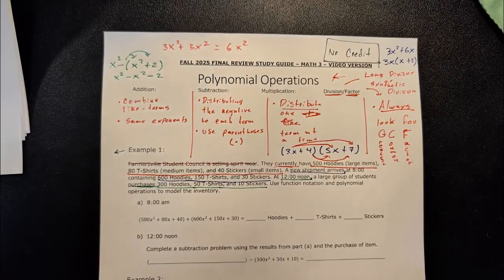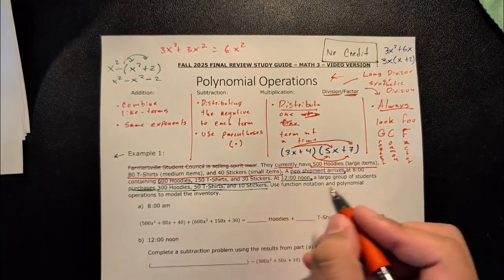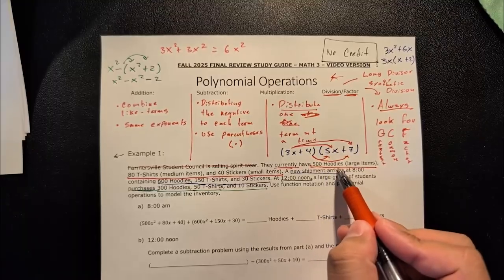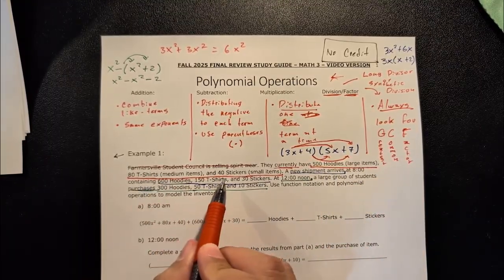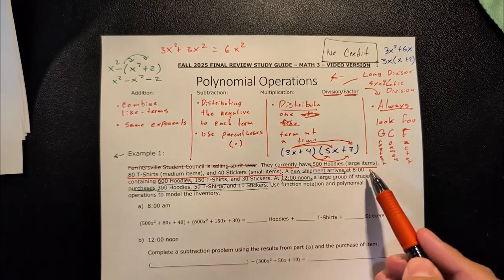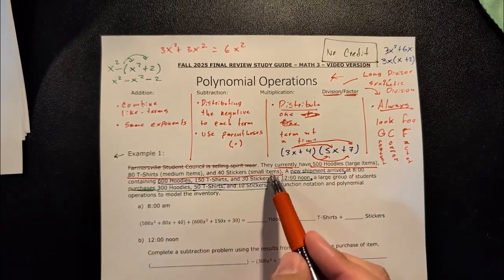Okay, so here we currently have 500 hoodies, 80 t-shirts, and 40 stickers. So we have large items, medium items, and small items.